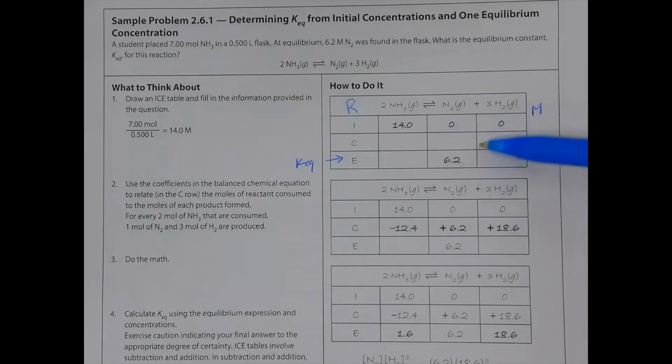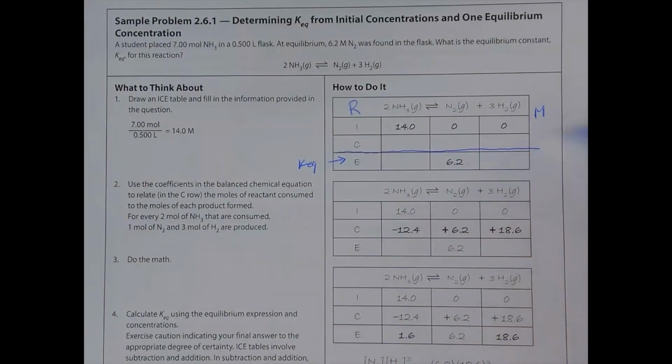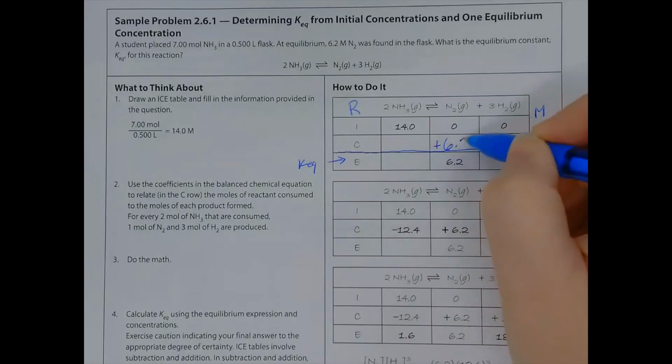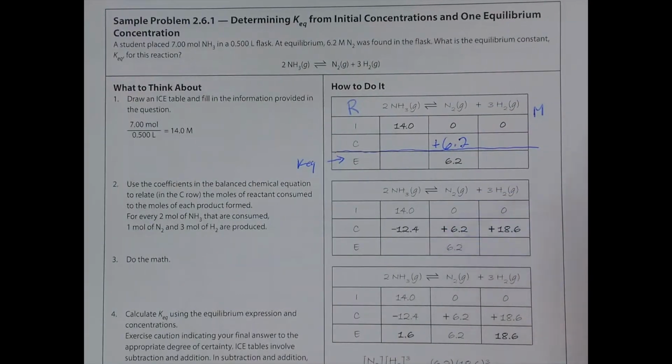So our change is going to be adding or subtracting a number to make this basically a true math problem. So we're trying to make this add up. So 0, we would have to add 6.2 to that to get 6.2 at equilibrium. All right, so we're just making sure that that works. So that's where they got this 6.2 from.